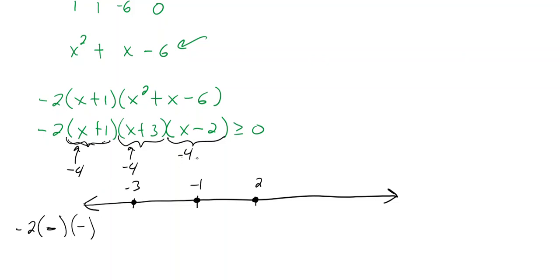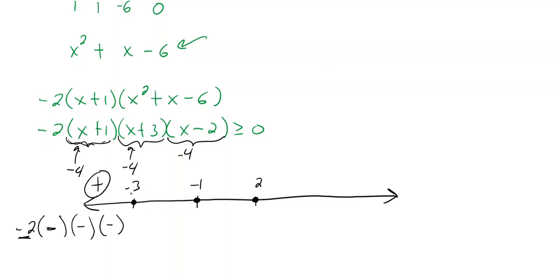And over here, -4 minus 2, definitely negative. So on this side, I've got a -2. It doesn't really matter, it's 2, it's just negative. So negative times negative times negative times negative is definitely positive over here. Okay.